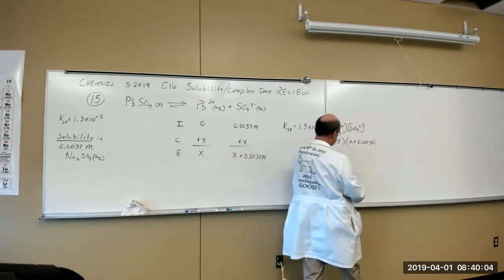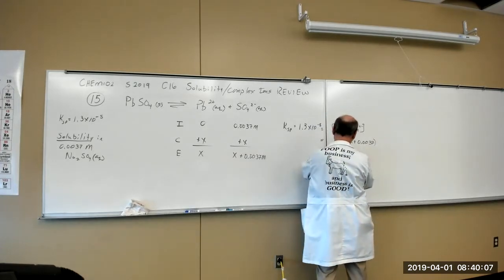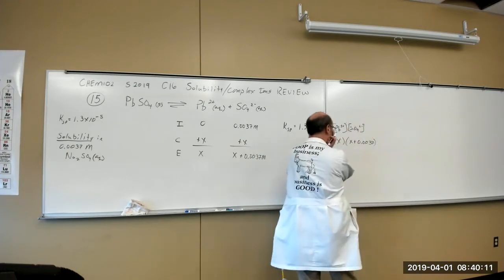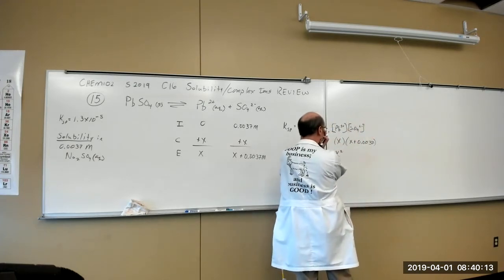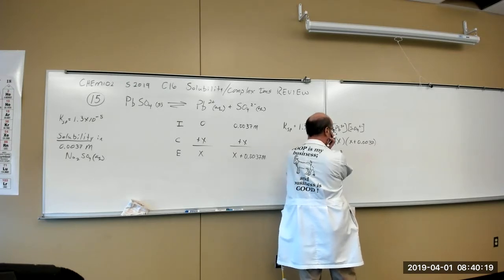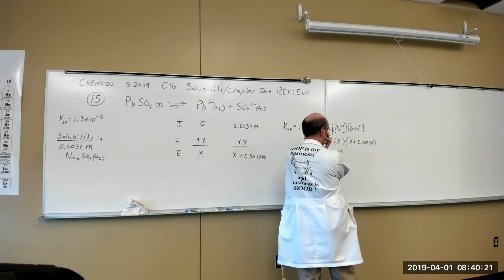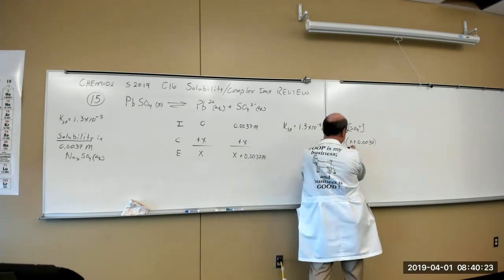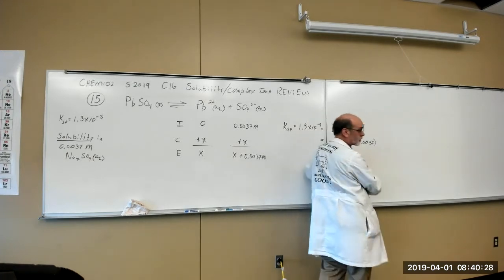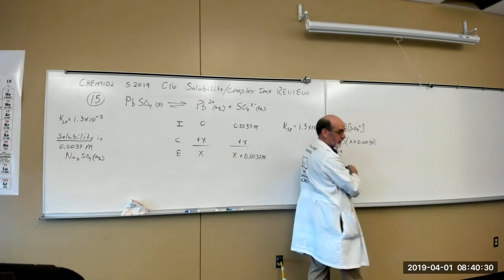Okay, so this is going to be x times that is x squared. Actually, I don't think we can get rid of x, because x is going to be very small to begin with, right?